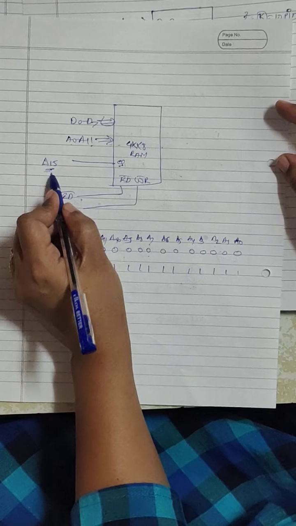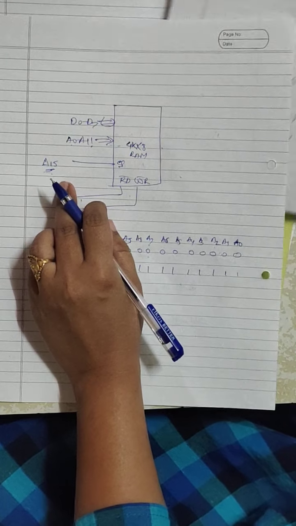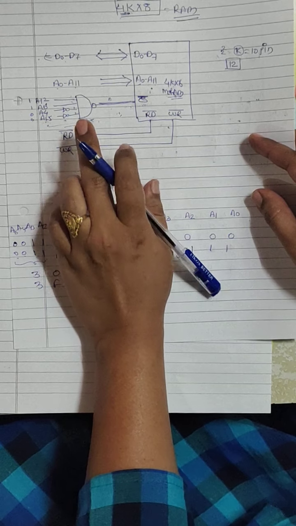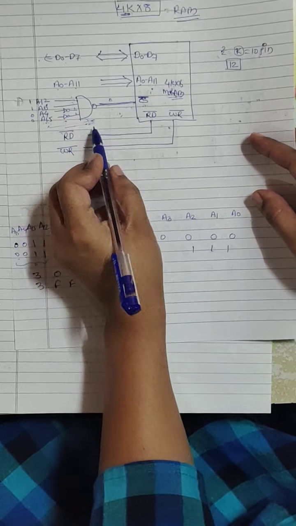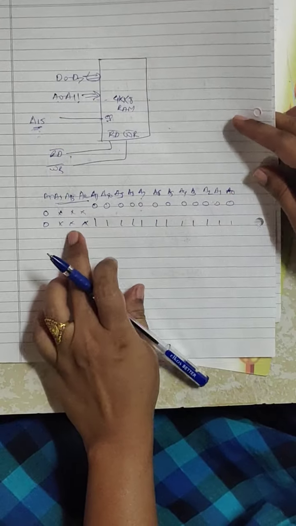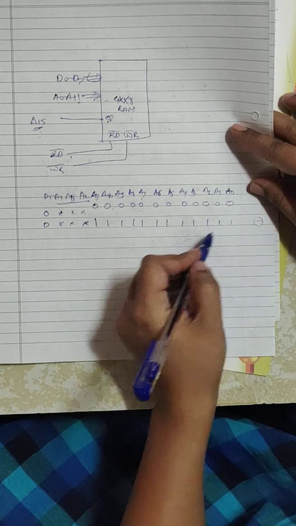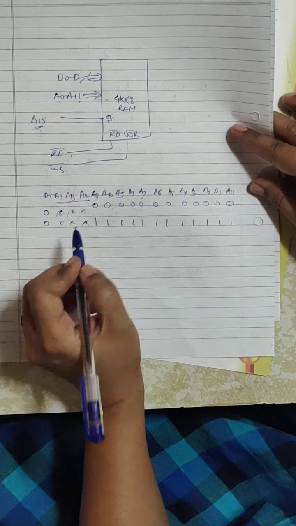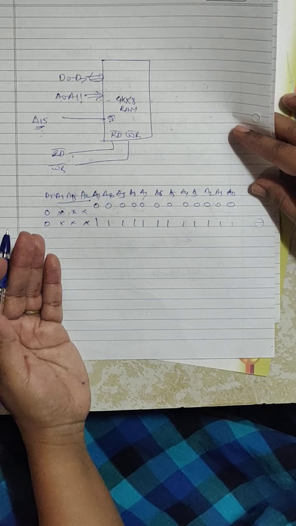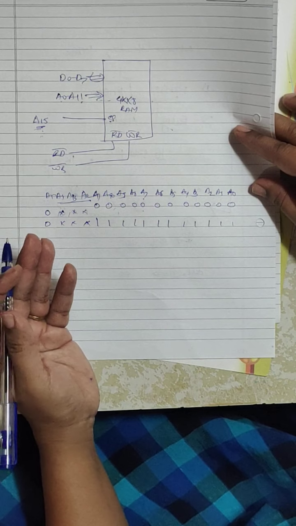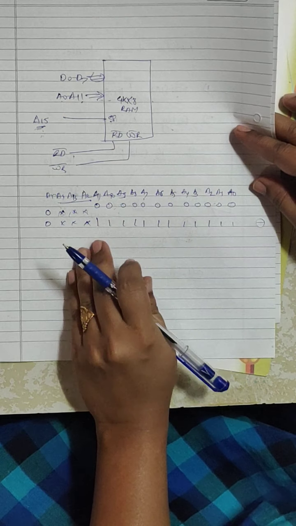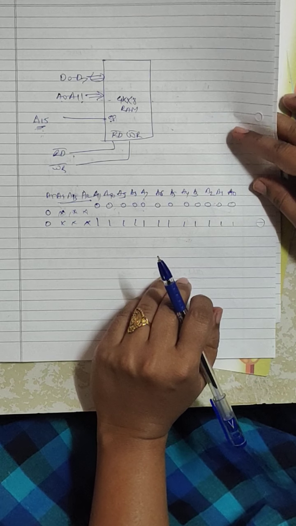The decoder of this technique is very simple, and the decoder of the other technique is somewhat costly or complicated, but it has unique addresses. But in this case, the address may vary. These are fixed, but the others may be 0, may be 1. It means for a single location, the address may be different, or it may have shadow addresses. This is the major difference between the absolute technique and the linear technique.